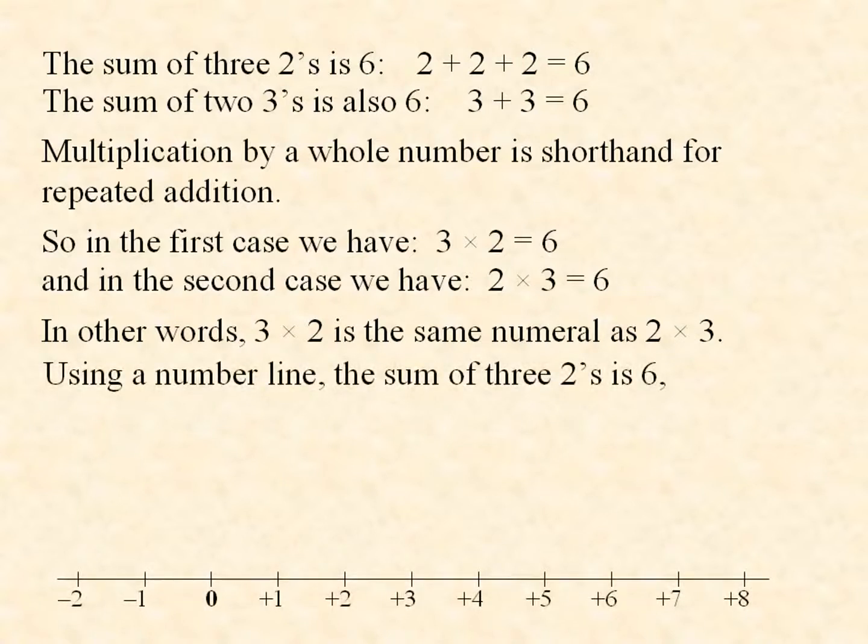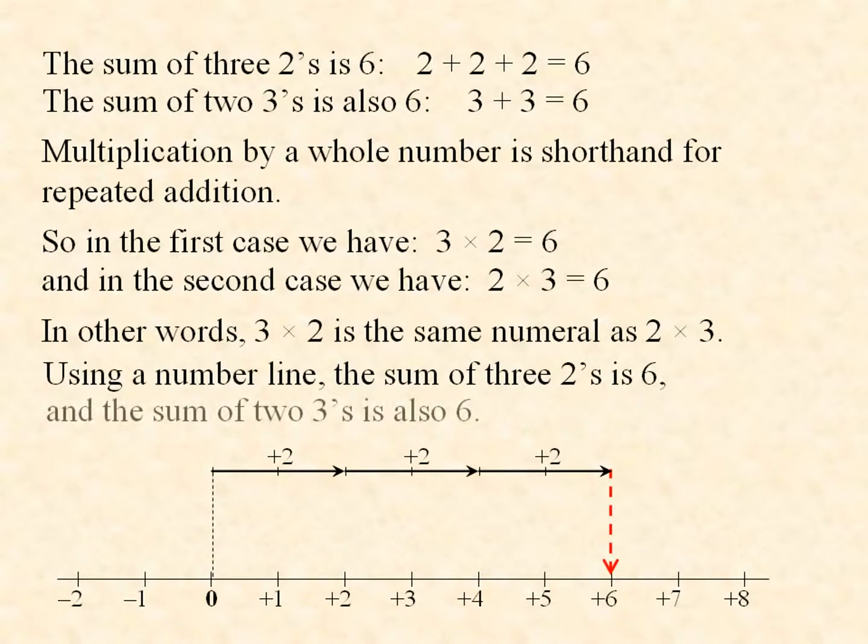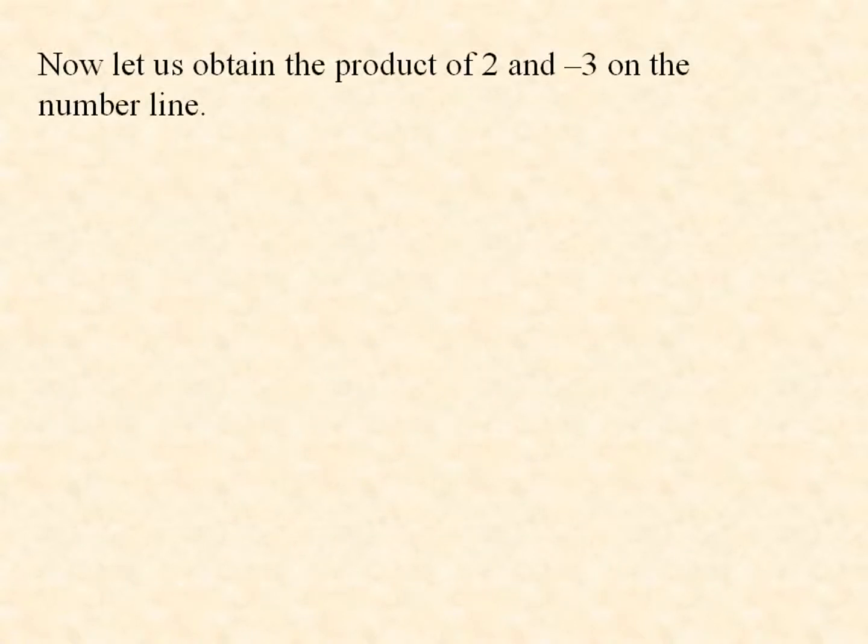Using a number line, the sum of 3 2s is 6. And the sum of 2 3s is also 6. Now let's obtain the product of 2 and negative 3 on the number line.